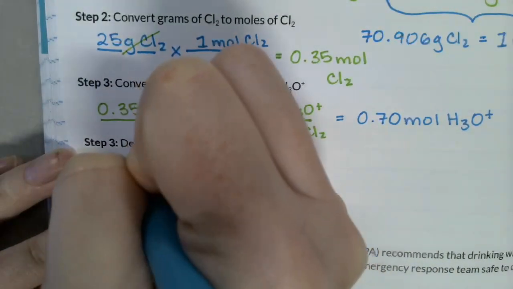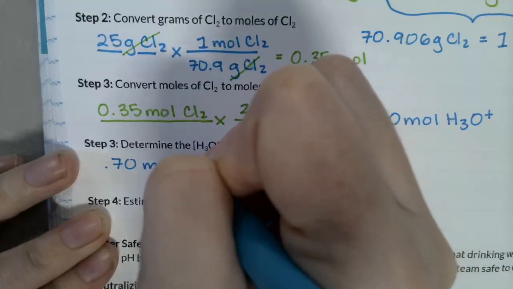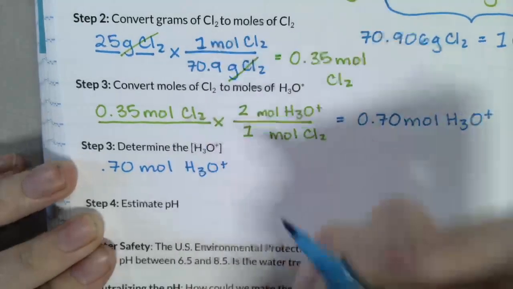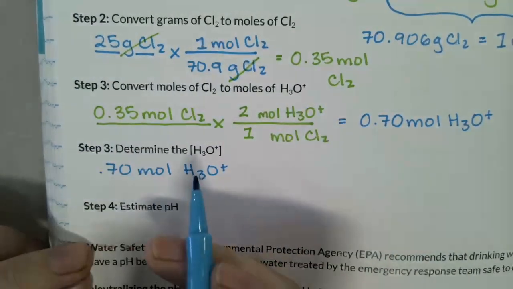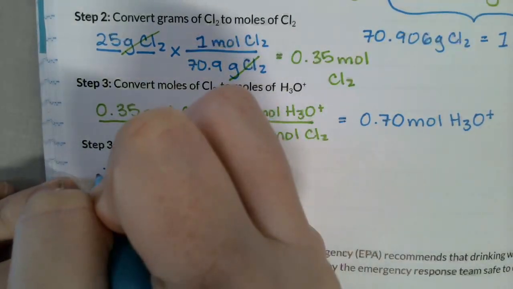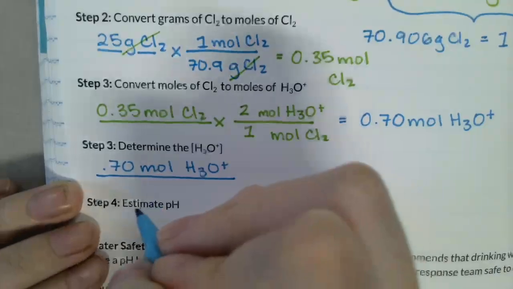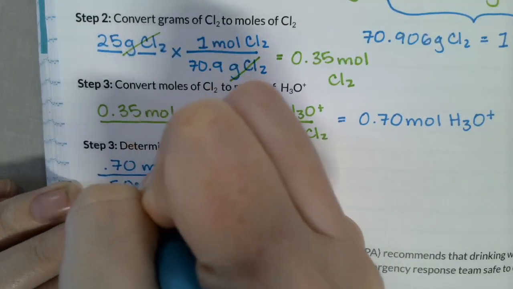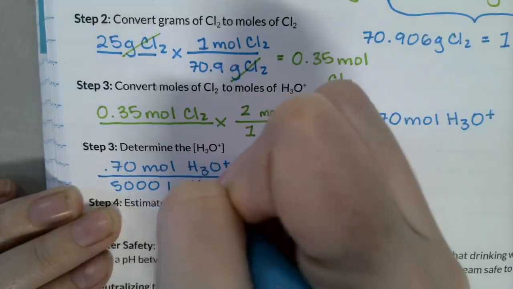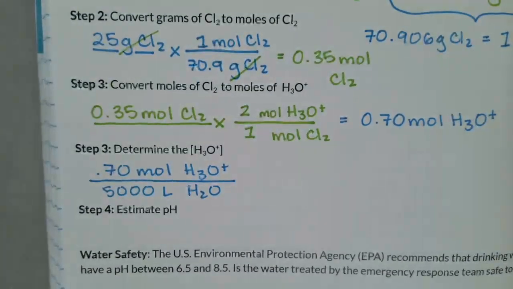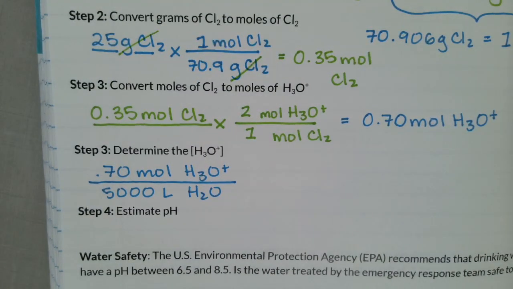We have 0.70 moles of H3O+, and I'm going to dissolve that in how much water? 5,000. That's right, 5,000 liters. 5,000 liters of H2O. This matters because we're trying to get water for a lot of people who have lost access to water during this hurricane.